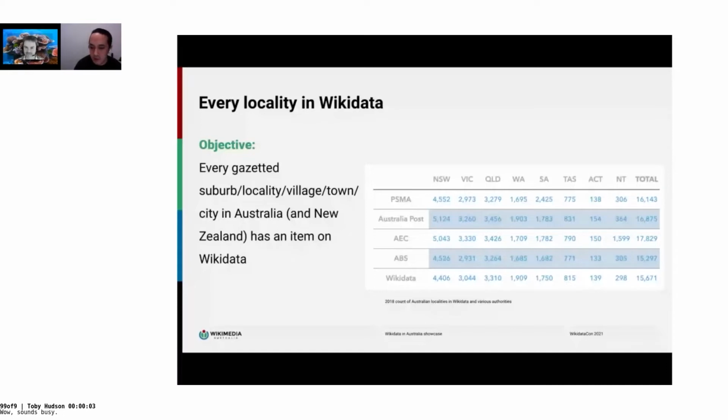There are some numbers there. These are about 2-3 years old, so they're from 2018. But this was at the end of the project, and it was comparing Australia's official mapping agency, Australia Post, the Electoral Commission, the Bureau of Statistics, and Wikidata. As you can see, Wikidata is pretty much up there, with around 15 to 17 or even 18,000 localities.